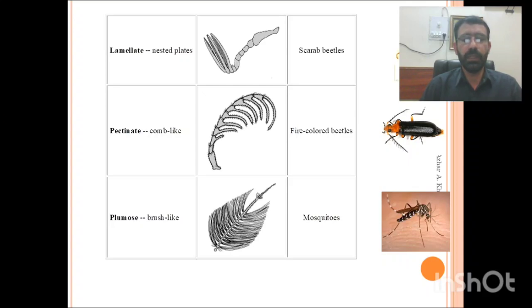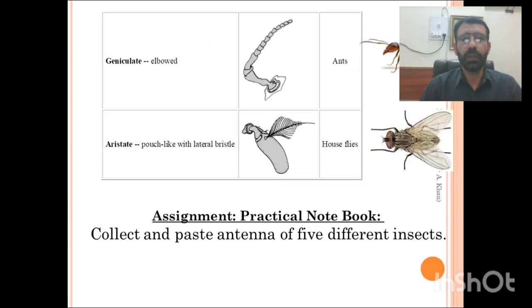On the antenna, the hairs are scattered, not like a feather, and it is called pilose. So we can differentiate male and female mosquitoes by examining their antennae. The plumose antenna is for the male mosquito and pilose for the female mosquito. This is a morphological difference between male and female mosquitoes.